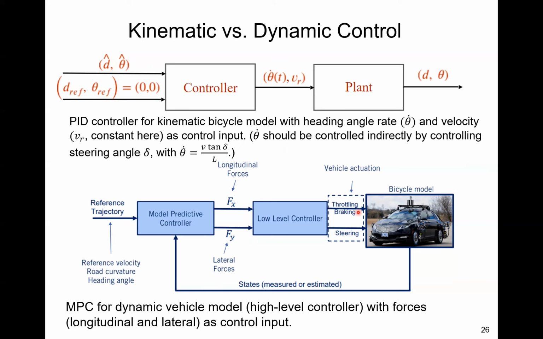So in reality, the controller is always a dynamics controller, but kinematic control may be an abstraction, a more abstract form of control that's used in the early control design stage.